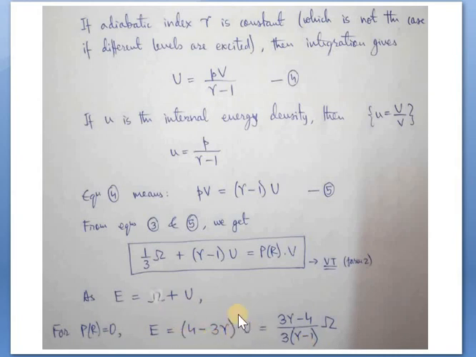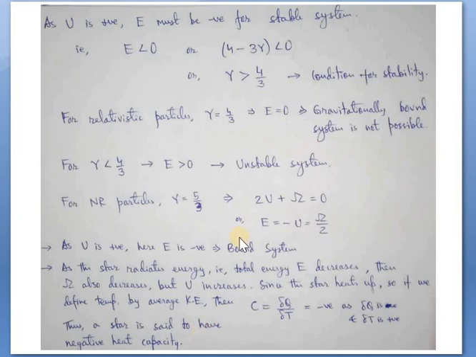Now note that u is positive, and since E has to be negative for a bound system, this must be negative, right? And as a result, since this has to be negative, we get gamma greater than 4 by 3 as the condition for stability.